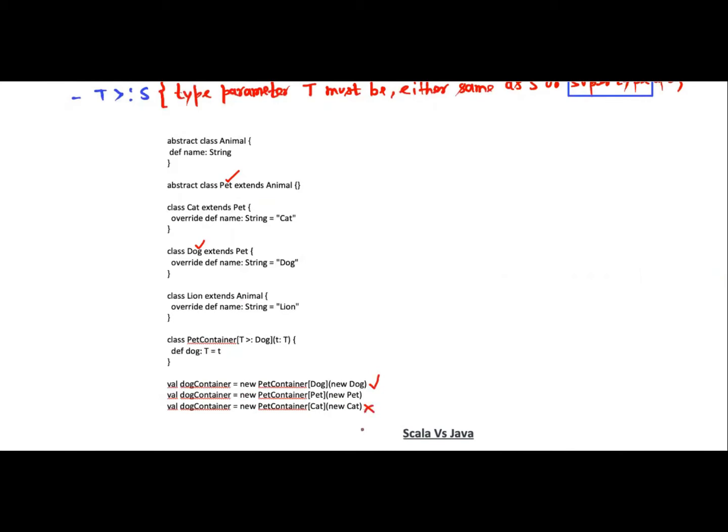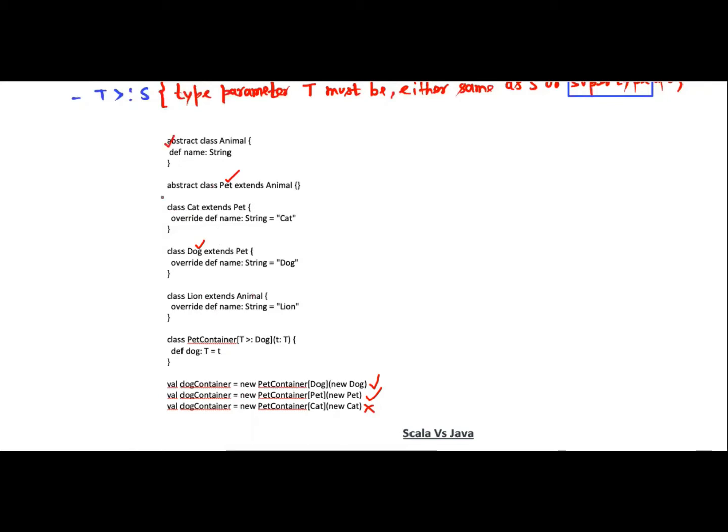Why? Let's talk about this pet. If you can see, cat is extending pet. Either we can use the same class, dog, or the superclass. Pet is the superclass of dog, so we can pass pet, as we have passed over here, but we cannot pass cat, because cat is not the superclass of dog.